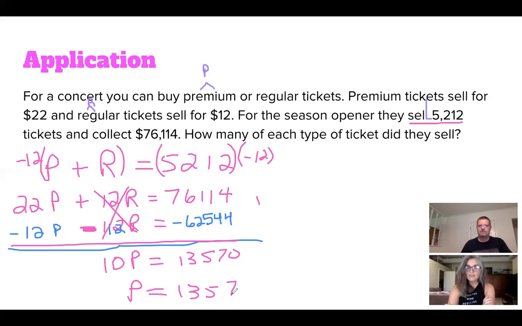They sold 1,357 premium tickets. You know how I knew quickly that it was premium tickets? Because I named P after premium. And R is going to be 5,212 minus that number. I know I can do the math by hand, but I'm not going to.